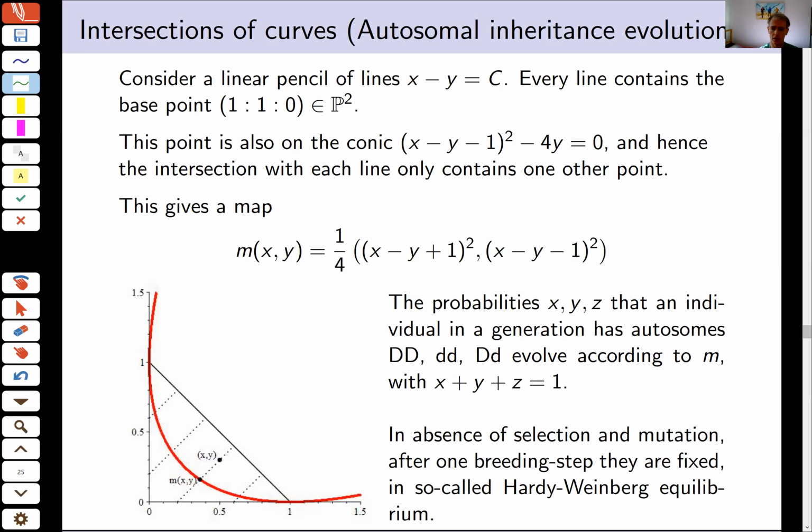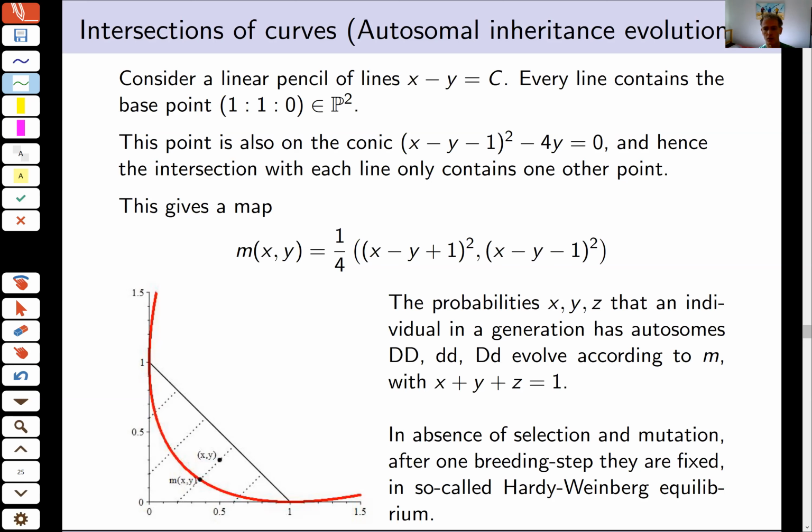And this has a nice interpretation because this map, you also find if you look at the evolution of the probabilities of autosomal inheritance. Very quickly, an individual has either autosome DD with capitals or small letters, and it inherits these properties from its parents.